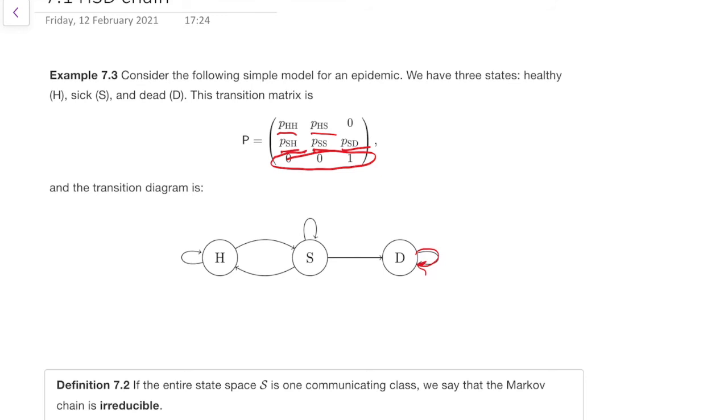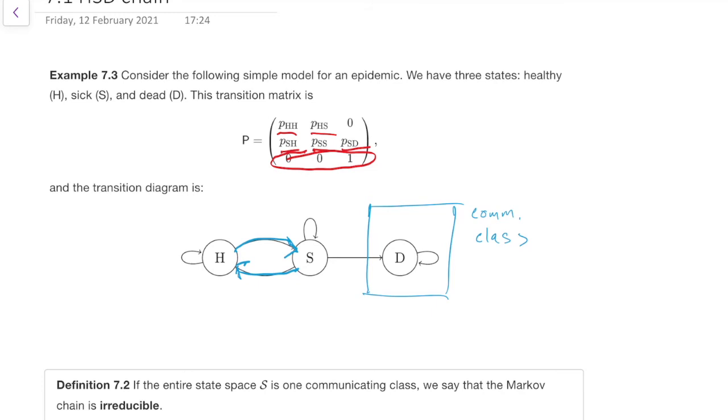Okay, so I think the first thing we notice here is that the dead state is once you're there, you stay there, right? So no other states are accessible from being dead, so no other states communicate with being dead. So that is a communicating class by itself. But healthy and sick, you can get from healthy to sick in one step, and you can get from sick to healthy back in one step as well.